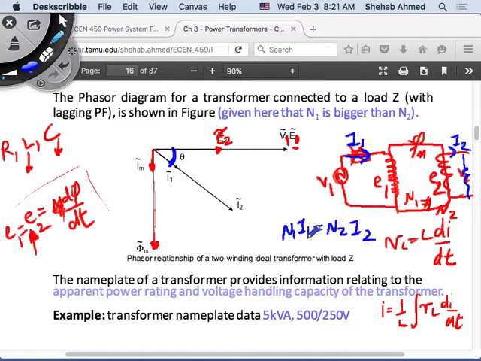Because the primary current is related to the secondary current only by a magnitude. There's no phase shift, right? So if this has a certain angle phi, this will have a certain angle phi, right? There's no phase shift relationship between them. I will just take I2 multiplying by N2 over N1, and I will get I1, basically, right?